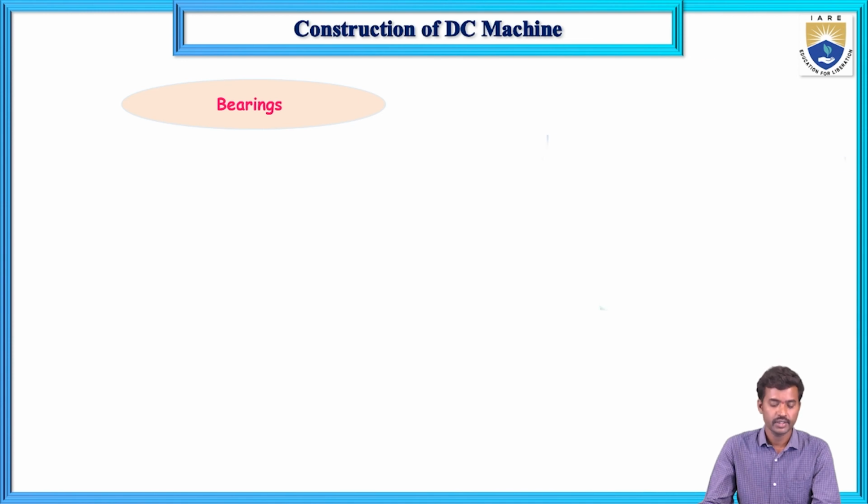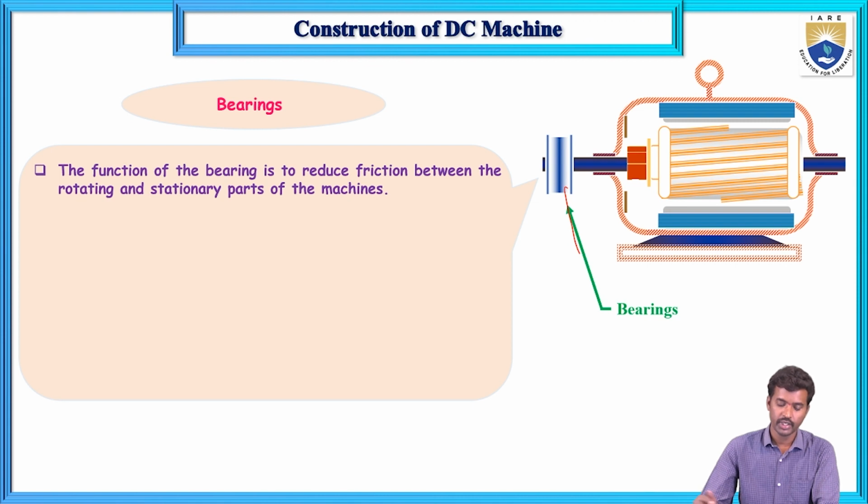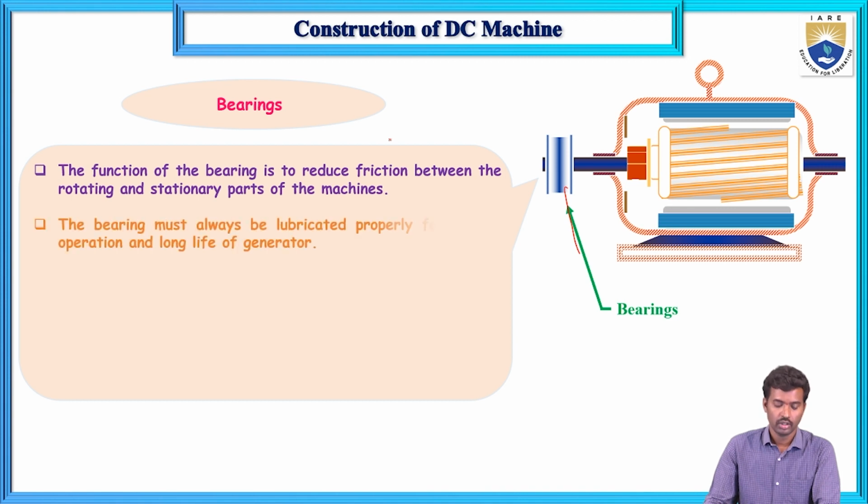Next, bearings. These are the bearings for smooth operation of any rotating machine. We use bearings in fans and in any electromechanical machines. The function of a bearing is to reduce the friction between the rotating and stationary parts of the machine, giving smooth operation.